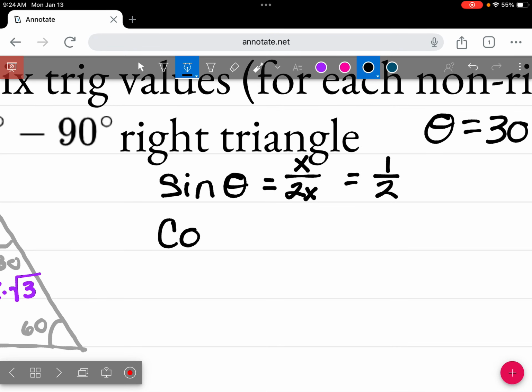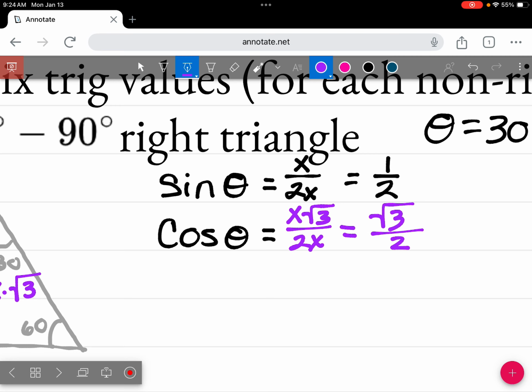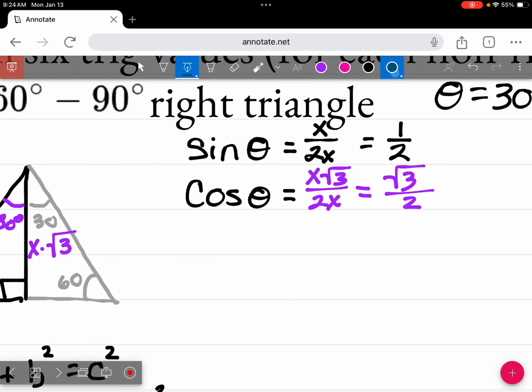What about for our cosine of that theta? x square root of 3 over 2x, and that's going to simplify down to be square root of 3 over 2. Gorgeousness. And then our tangent.